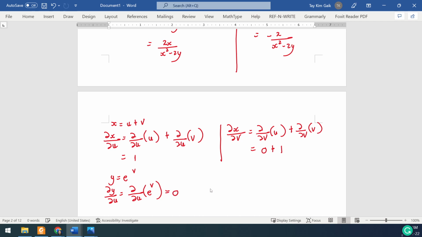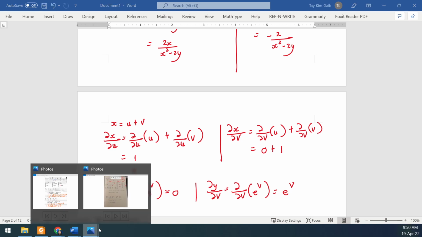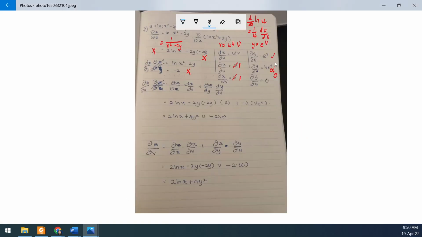That's why this is 0. And then when you del y del v, you del del v of exponent v, and get back exponent v. So del y del v wrong. The answer is 0. This is okay.